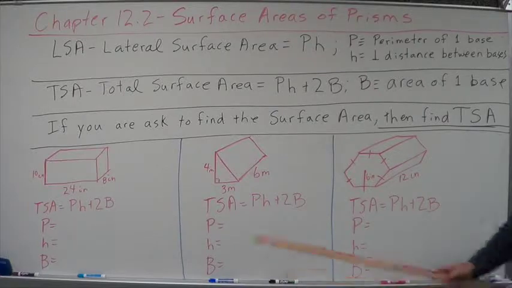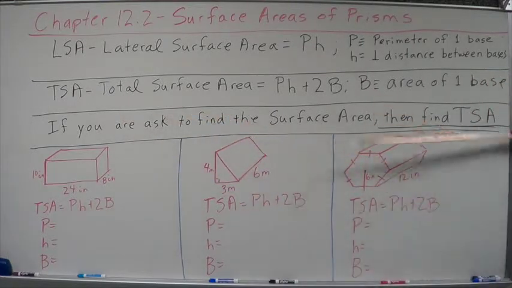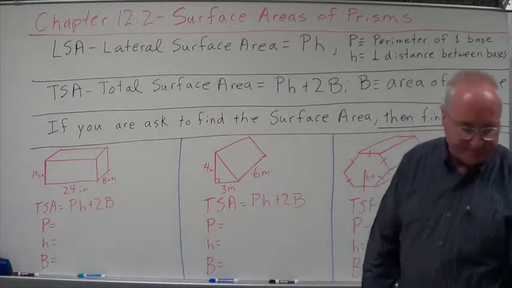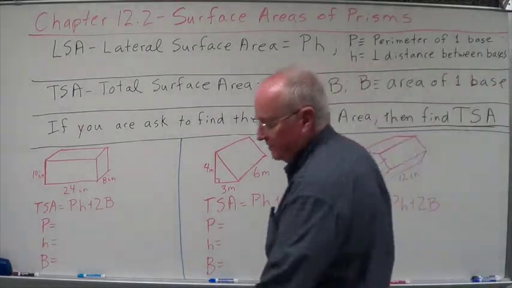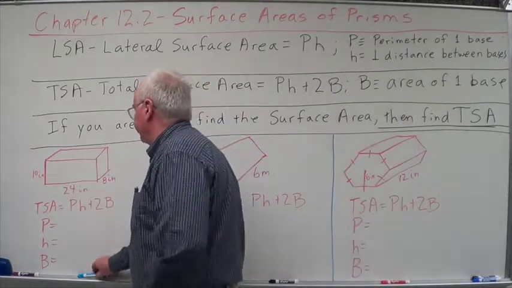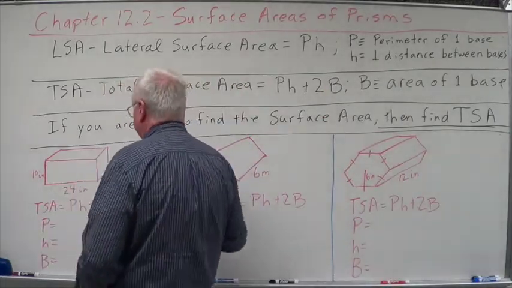Also remember, if you're asked to find the surface area, then find total surface area. Only if you're asked to find the lateral surface area will you find LSA. So let's look at this one right here. We have a rectangular prism.